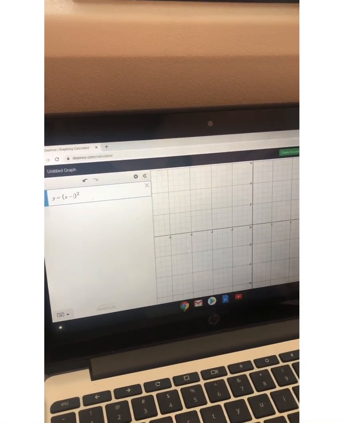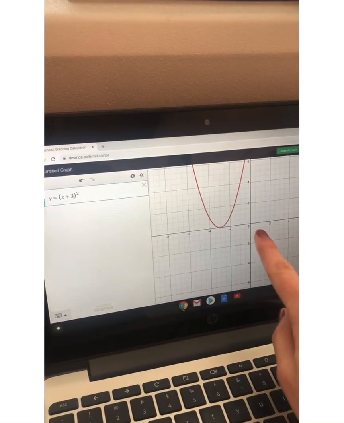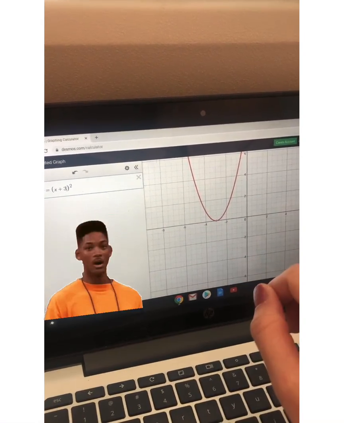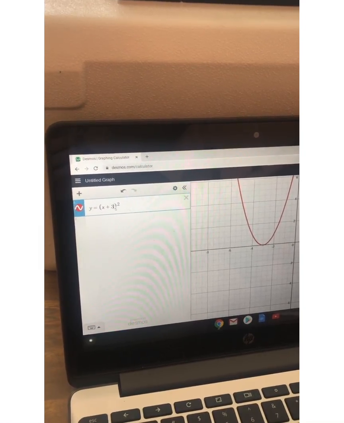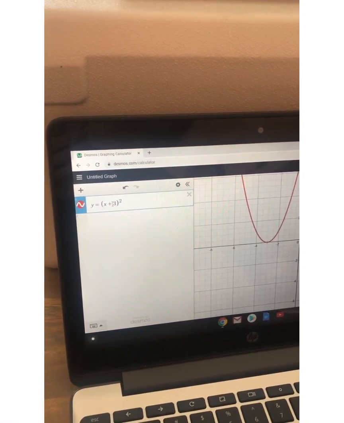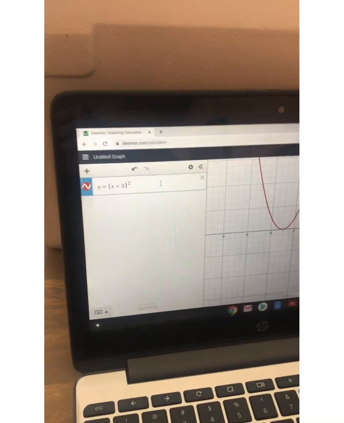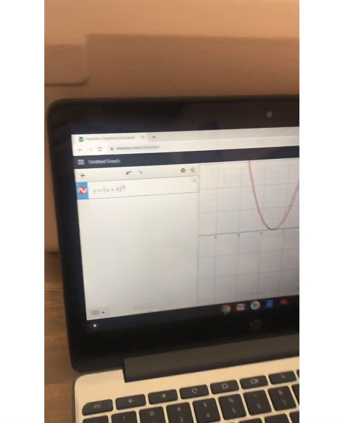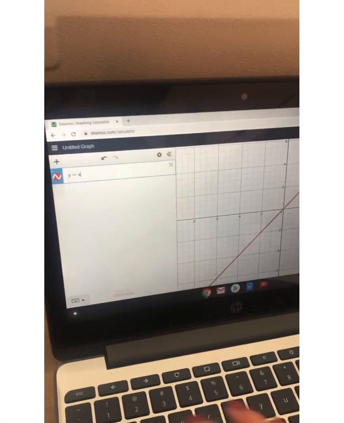And then if I do plus 3, it actually moves left 3 units. So we'll go over this next week with this type of equation. Basically, whatever the opposite sign is, that's the direction, left or right, it's going to be moving. But yeah, so that's basically the graphs of what we're going to be doing.